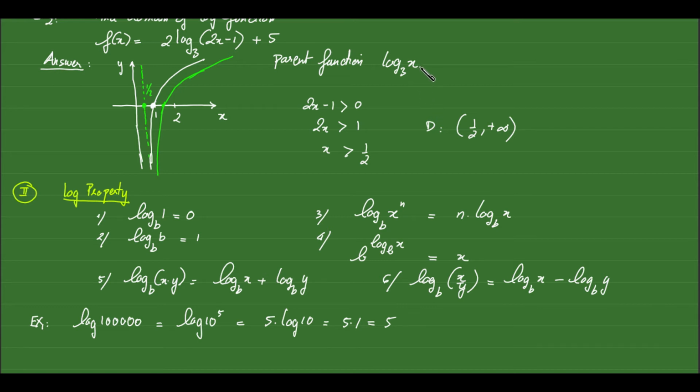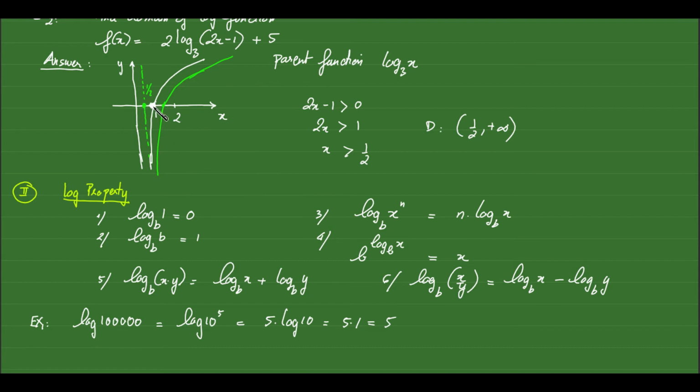I just go ahead over here, I replace x over here with 1. Think about it. Log base 3 of 1 gives you 0. So the input is 1, the output is 0. So you have 1, 0, which is this point.